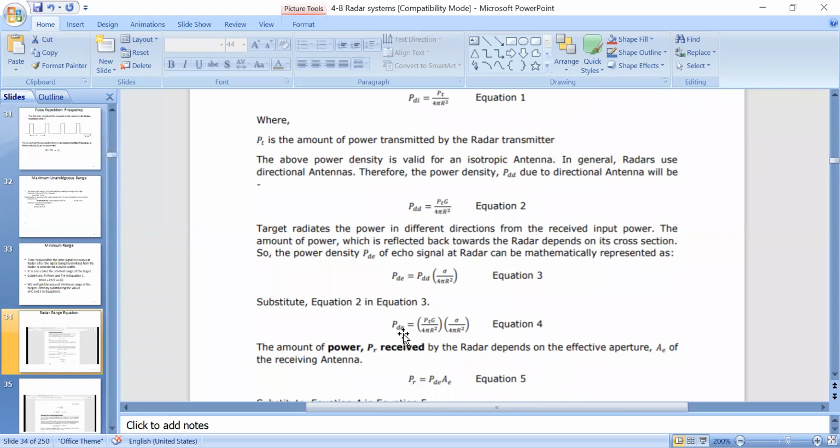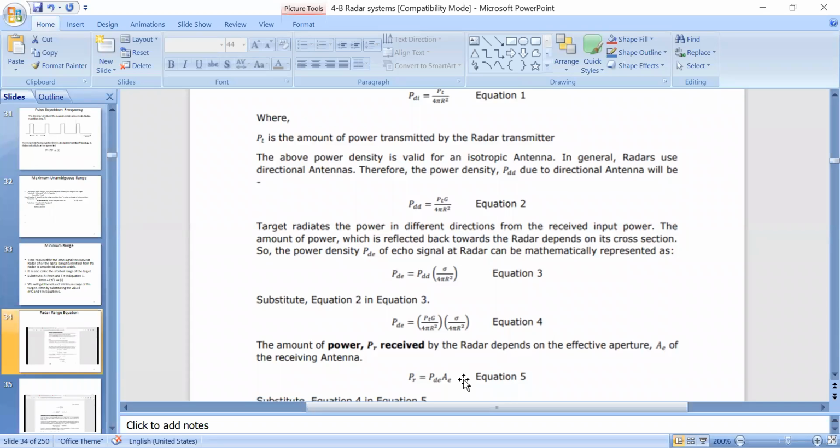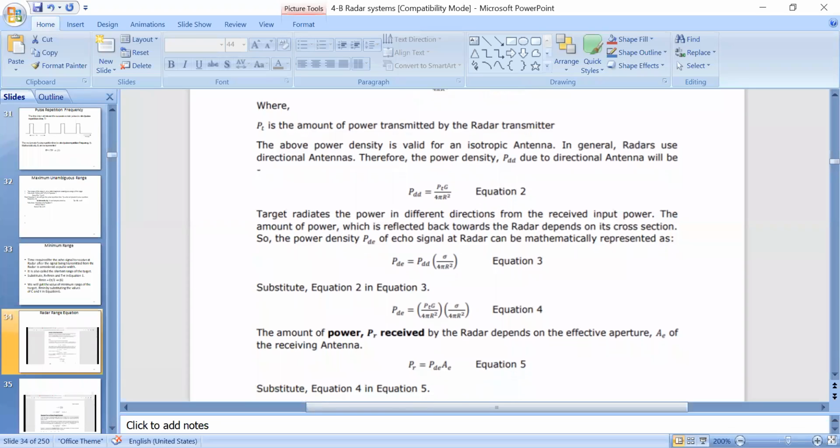PDE is nothing but PDD into sigma by 4 pi R square, which equals PTG by 4 pi R square into sigma by 4 pi R square. The received power PR is given as PDE into AE, so you need to substitute equation 4 into equation 5 in order to derive the standard radar range equation.